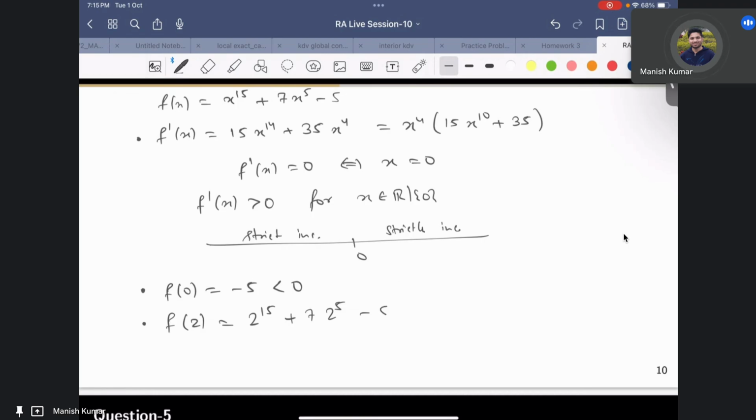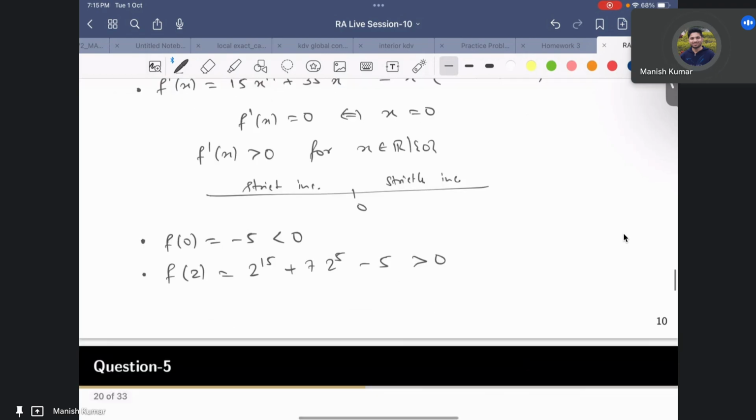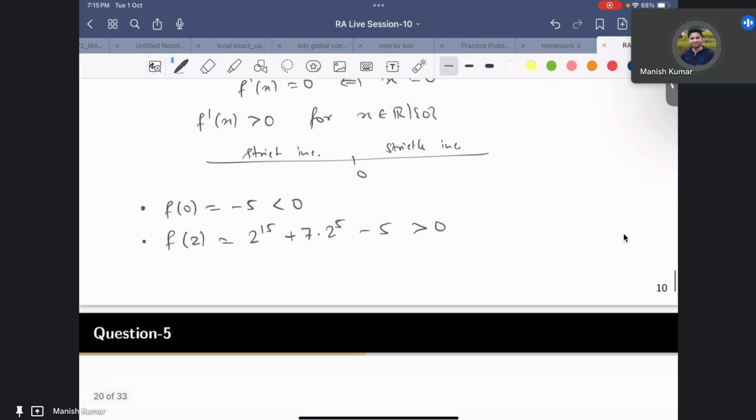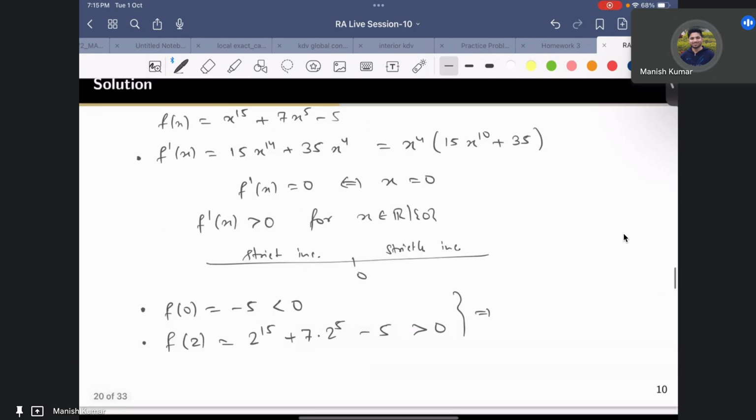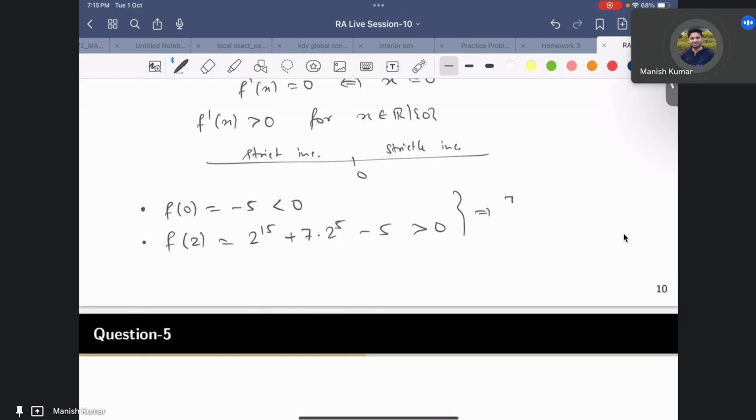This is obviously a positive quantity, right? And because this is a polynomial, it is a continuous function. So from here you can say by IVP there exists x naught belonging to (0, 2) such that f of x naught is equal to 0.